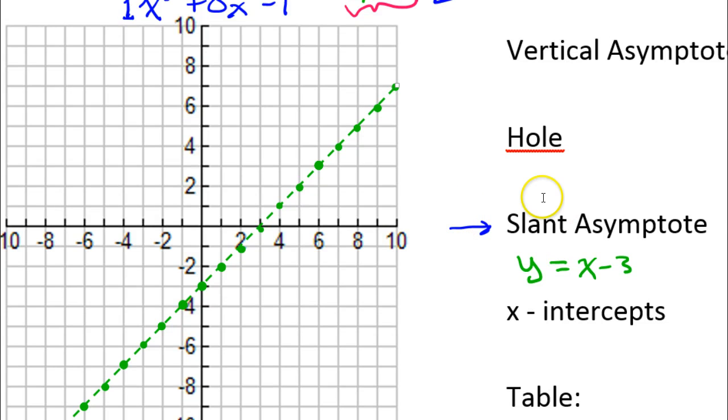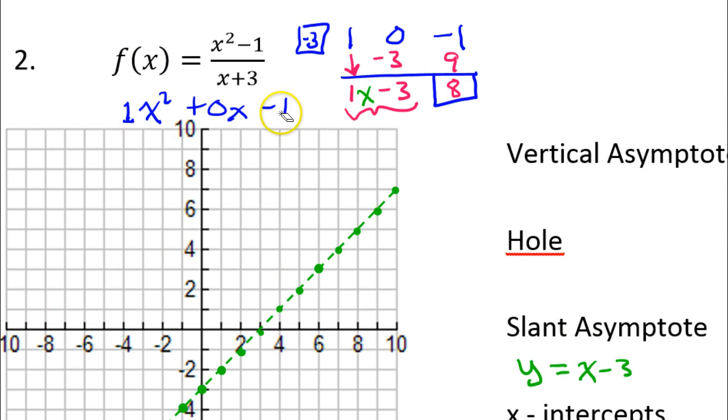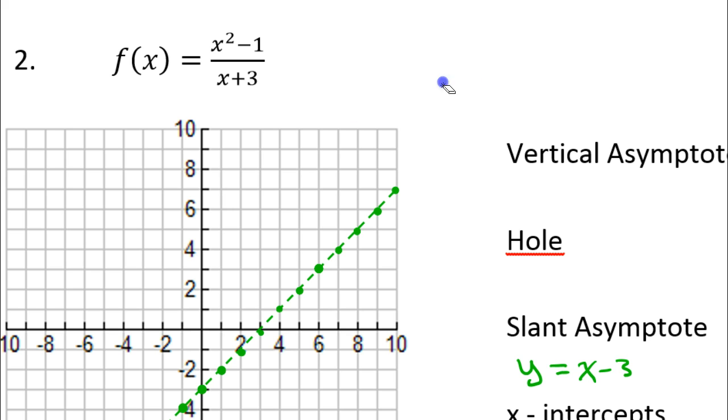Okay, now I'm going to sort of work backwards and talk about the hole next. Is there a hole? A hole happens when there's a factor that cancels out in the numerator and the denominator. I'm going to erase this because it's in my way. So let's see, will there be a hole? If I factor the numerator, this is the difference of two squares.